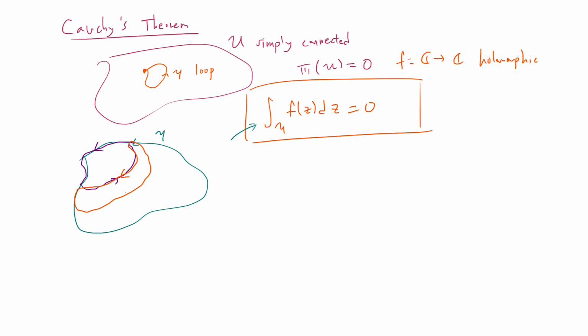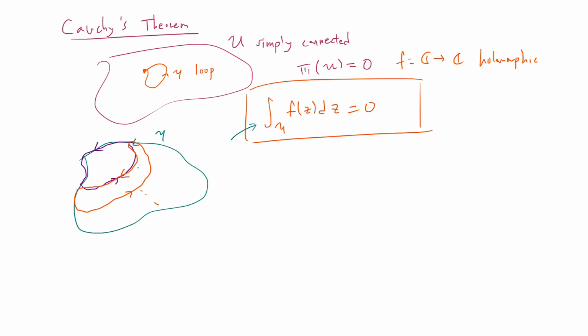You continue doing that to split up gamma into a concatenation of multiple different loops, where I just ensure that wherever two loops intersect, you're moving in opposite directions.